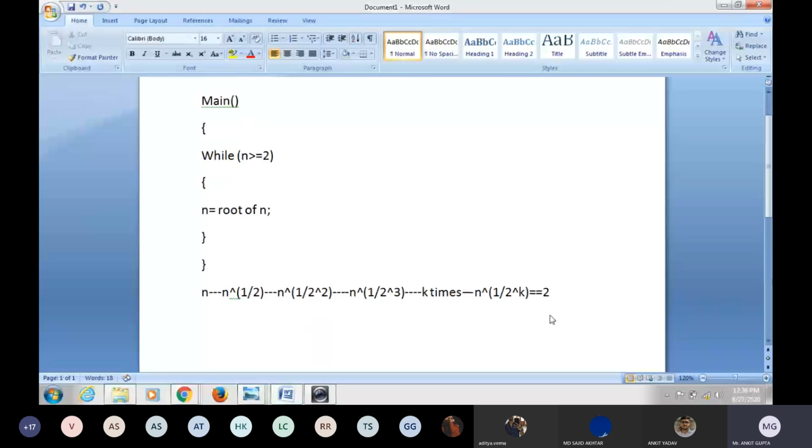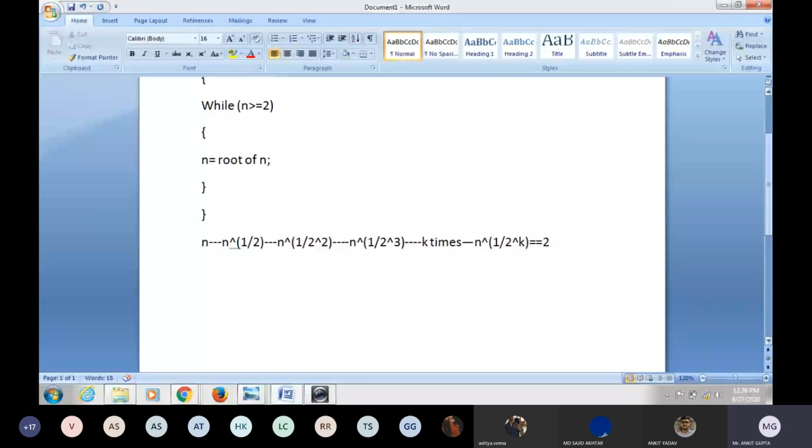So finally I will get n raised to the power, in the bracket 1/2 raised to the power k, is equal to 2. Fine. Did you get this? So now I will take log for both sides.